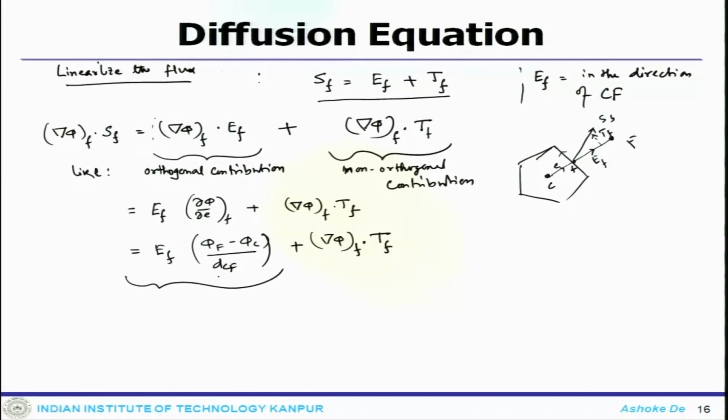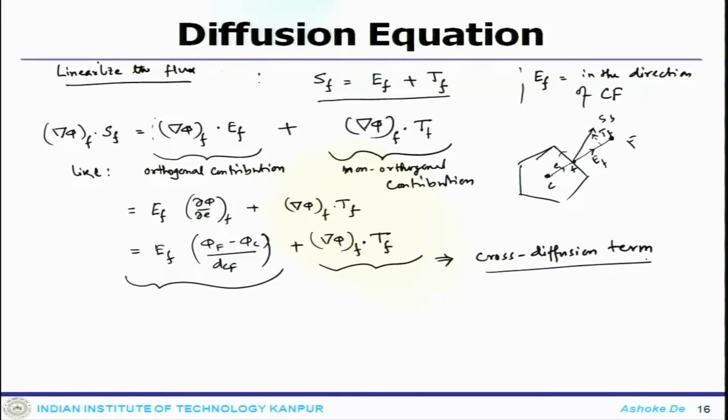But this extra term, which was not present before, is sometimes called the cross diffusion term. In some textbooks they call it a non-orthogonal contribution, some call it a cross diffusion term or cross diffusion contribution.